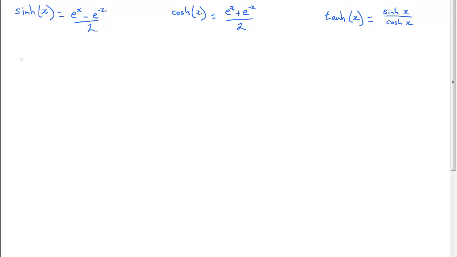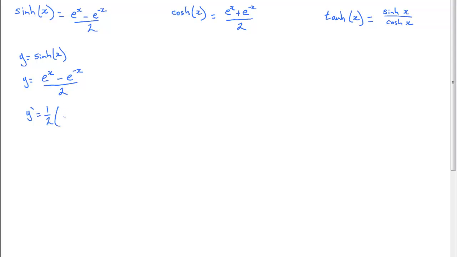Let's start by saying if y is equal to sinh of x, and we want to find the derivative, the first thing we're going to do is use the definition, because that is what the hyperbolic sine is. That just gives us e to the x and e to the minus x to worry about, so we can easily take this derivative. We take out the half, which is constant, and leave it alone.